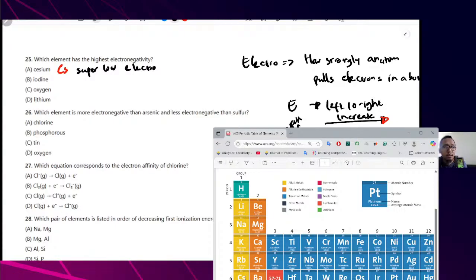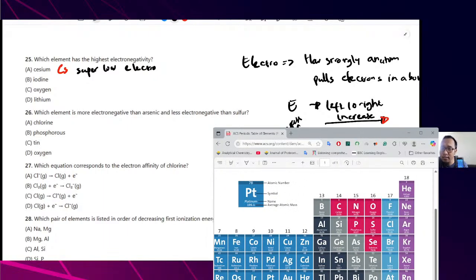And then how about iodine? Iodine is in the halogen group, number 53. It's high up but not quite the highest one. Iodine is not the highest one, because it's still over here.